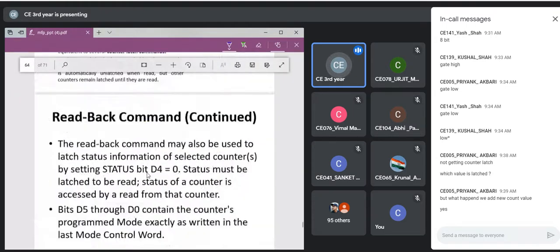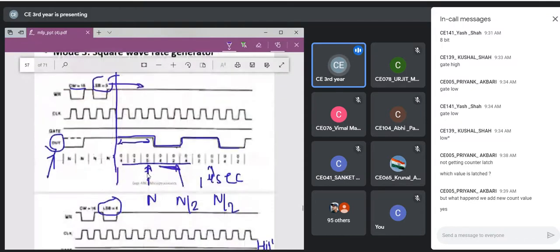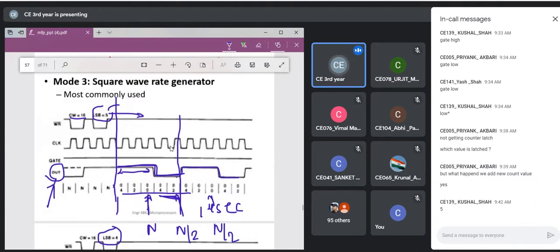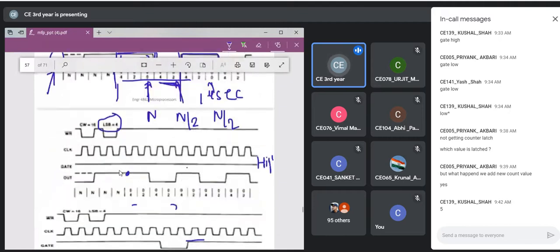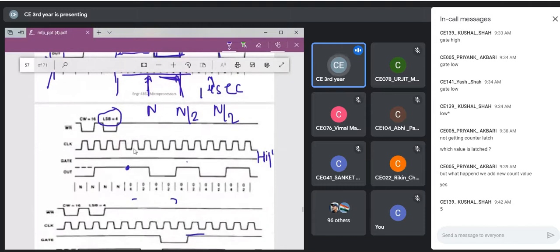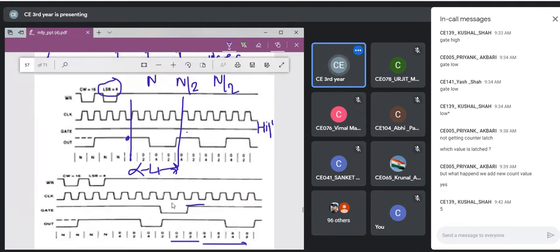Okay, let us see that here. In how many clock pulses did I have one period? So it was 1, 2, 3, 4, 5. Okay, it was 5. Why was it 5? Because totally there were 4 clock pulses for the period, right?